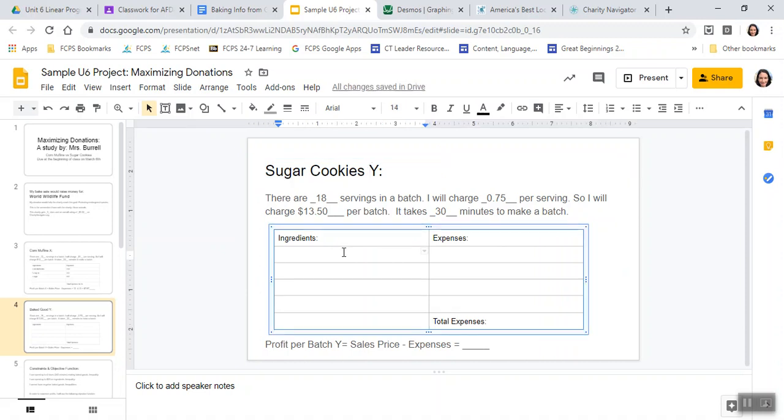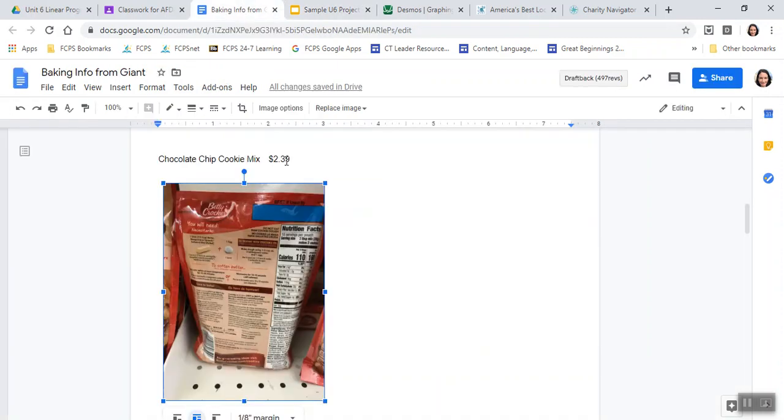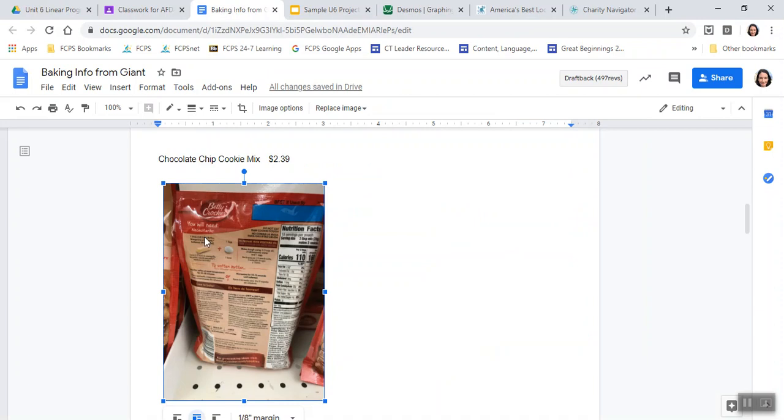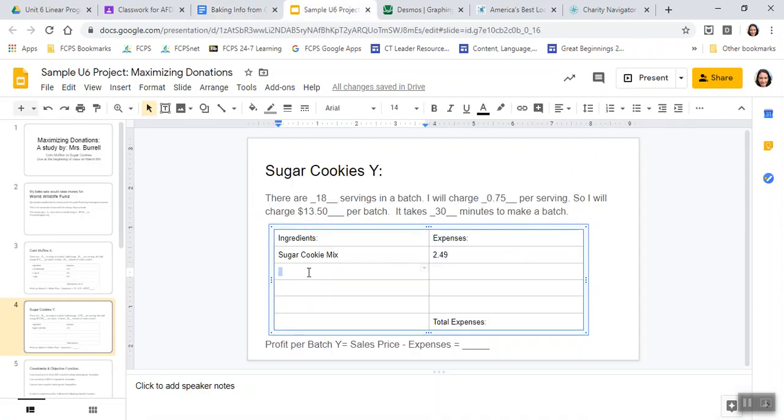Alright, so I'm going to start with sugar cookie mix. Okay. This mix was $2.39, but the sugar cookie mix I'm going to say is $2.49. Then I need to add 1 stick of butter and 1 egg, but I'm going to change it so that it's different.